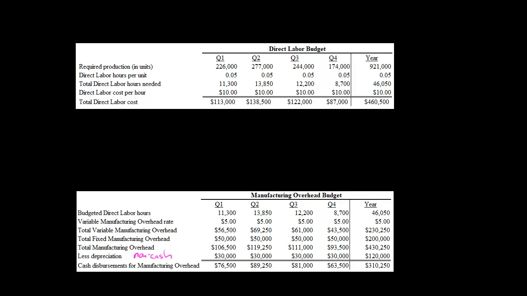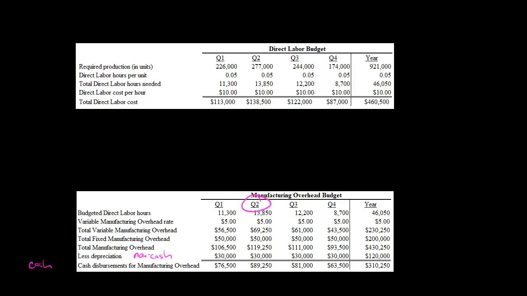And if we want to know the cash disbursements for manufacturing overhead, which would be helpful when we go to make our cash budget, it would be $106,500, the total manufacturing overhead, minus depreciation that was in that overhead, is $76,500. That's for quarter one. That's how much cash we're going to spend on manufacturing overhead.